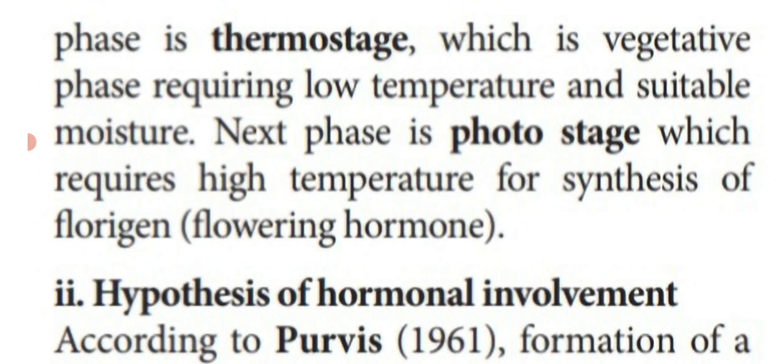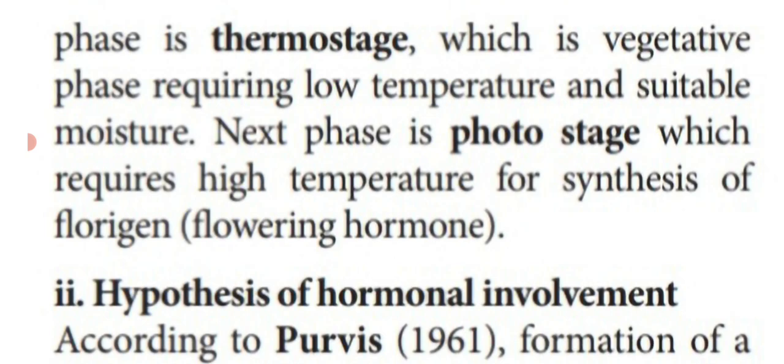One is the thermostage, which is the vegetative phase. What is the vegetative phase? Plants producing stem, leaf, root and branches is known as the vegetative phase, requiring low temperature and suitable moisture.